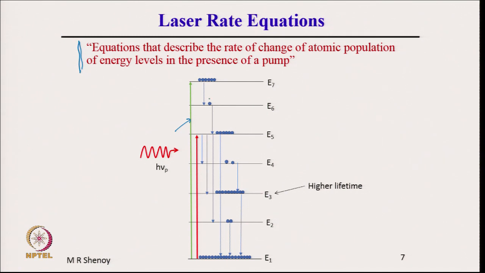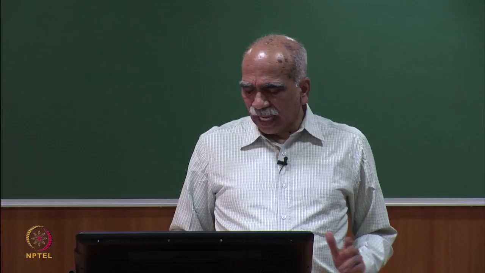From there it makes a downward transition, and depending on the lifetime of the levels, the steady state number in different levels may be different. As you can see, I have shown here a large number of atoms, here a very small number of atoms, and again a large number of atoms, a small number. The number of atoms accumulating in any energy level depends on its lifetime.